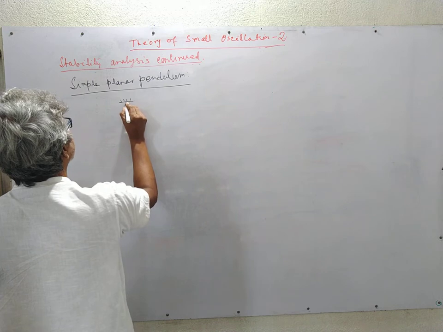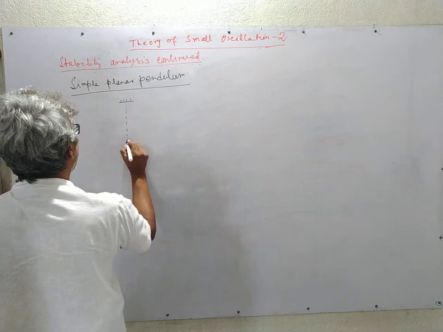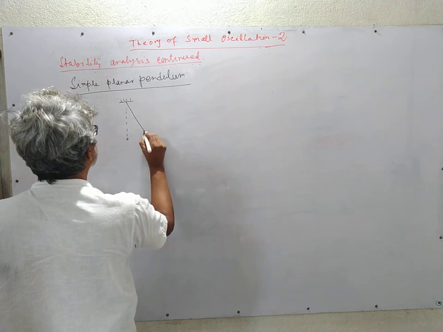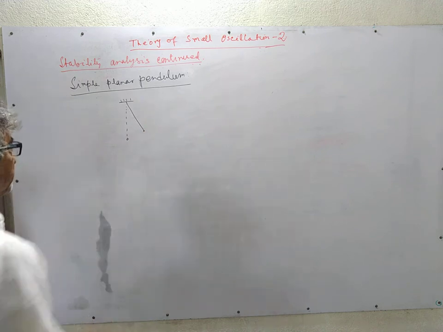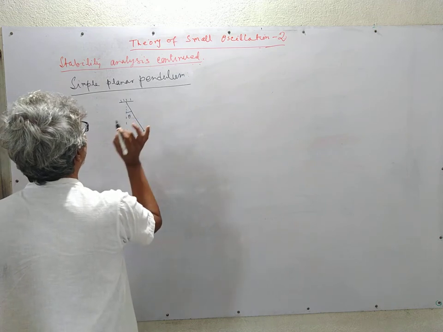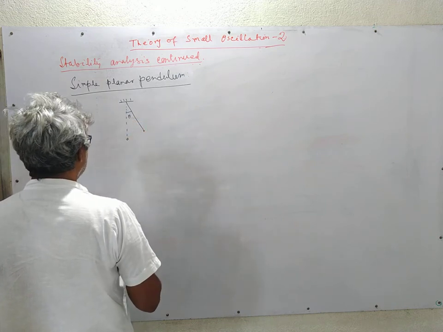It comprises a string of fixed length, and a bob is suspended by means of the string, and this angle theta is the only generalized coordinate.